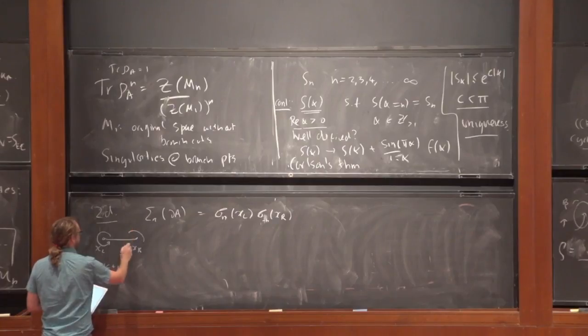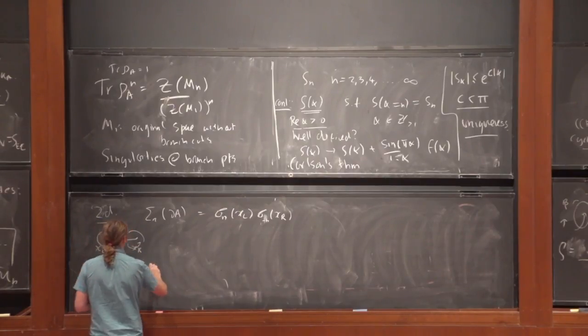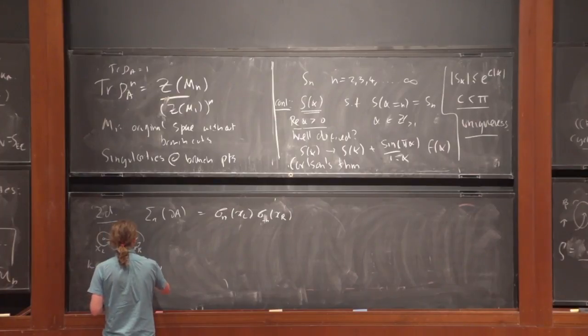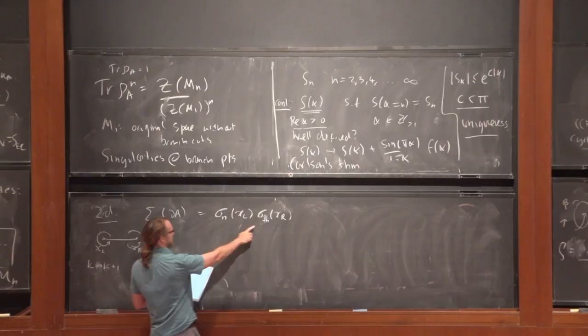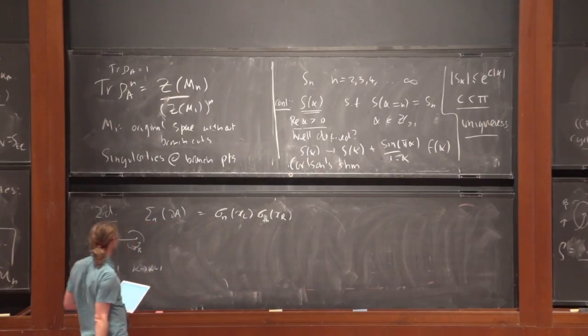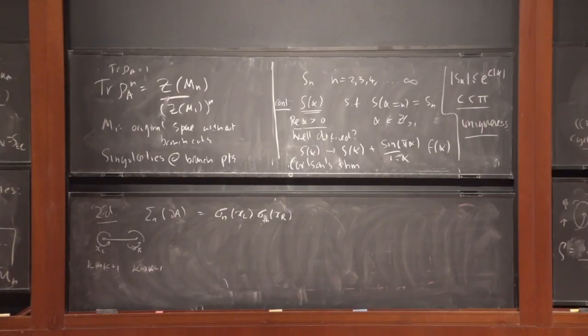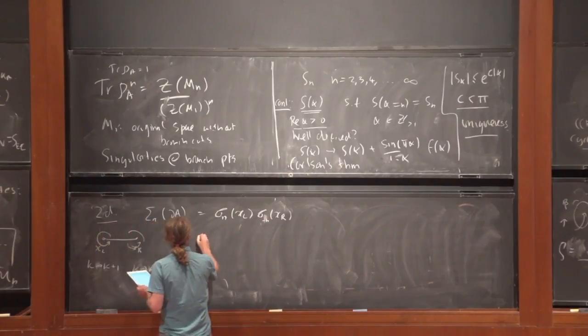But if I go in the same direction for this guy, k goes to k minus 1, because you go the opposite direction around the branch cut. So actually, this is some twist operator which has the opposite charge.